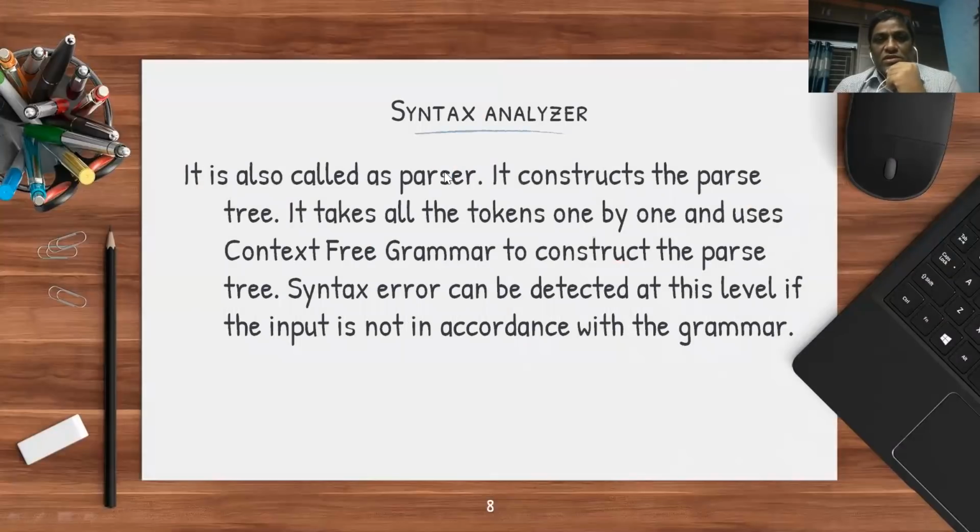Now, syntax analyzer. The syntax analyzer verifies whether all these tokens received from the lexical analyzer are syntactically correct. Okay, so to understand what is the job done by the syntax analyzer and the lexical analyzer, I'll give you an example.